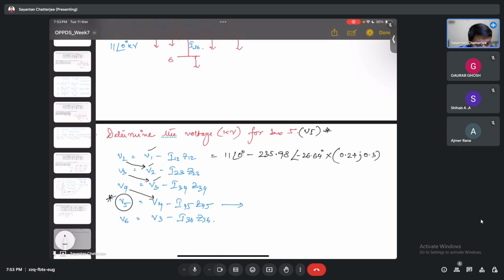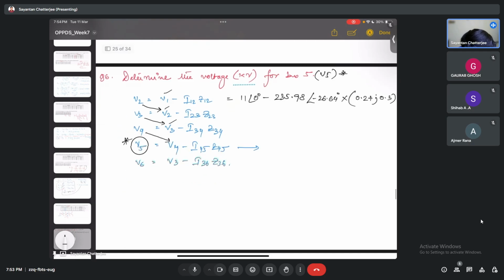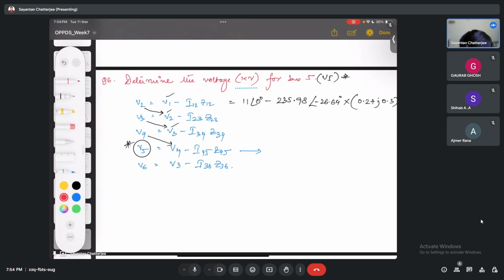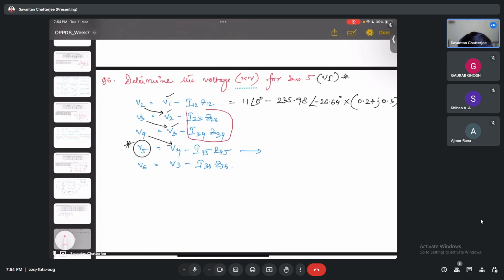This is required, bus 5, that is V5. So is it clear? So you can calculate. Yes, clear. So I'm writing the final value of V5, if it is clear. Because Z23 and all these values are available from the table.